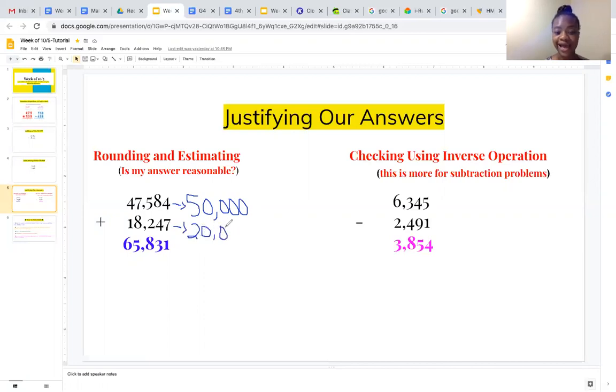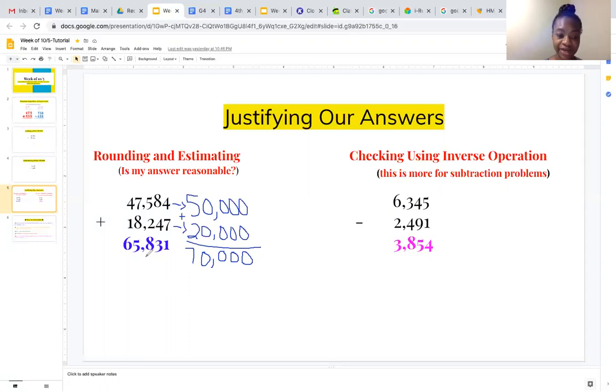So when we add these rounded numbers, let me write the addition symbol here, what we get is 70,000. 70,000 is the rounded answer to the nearest 10,000.